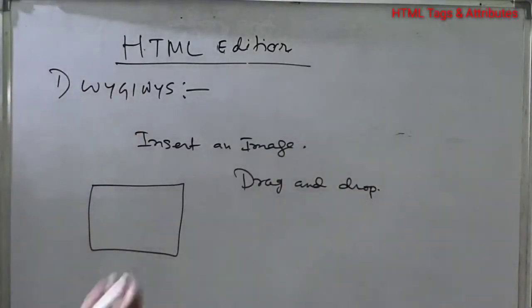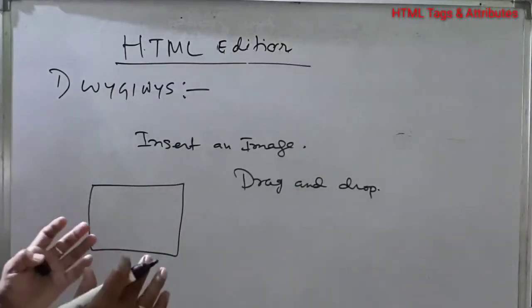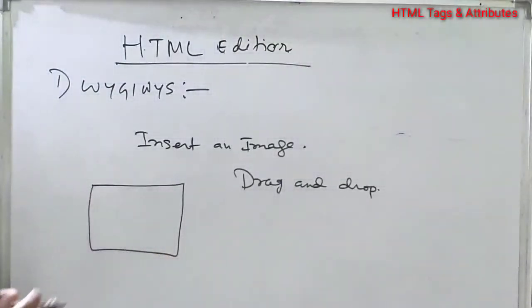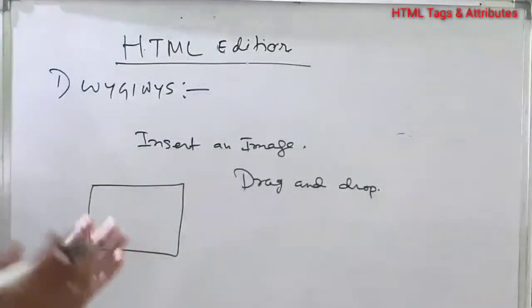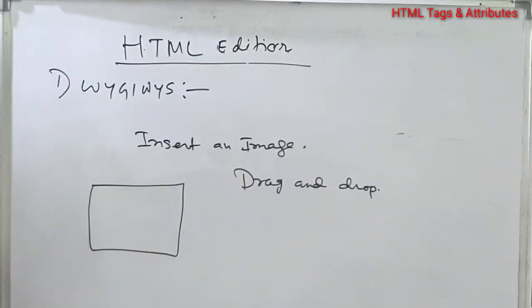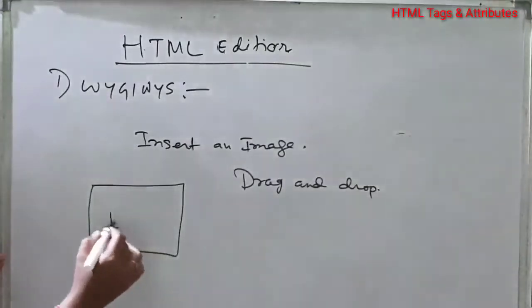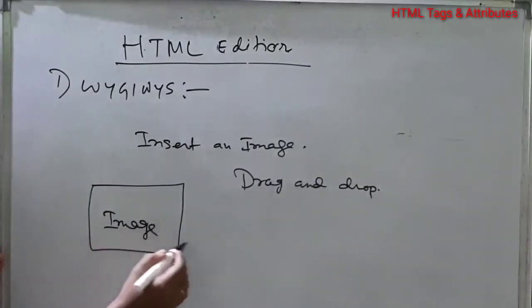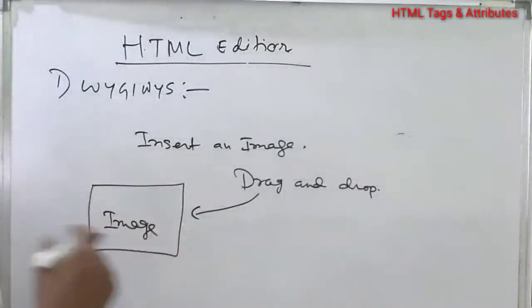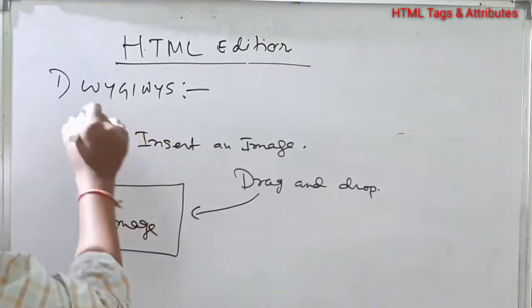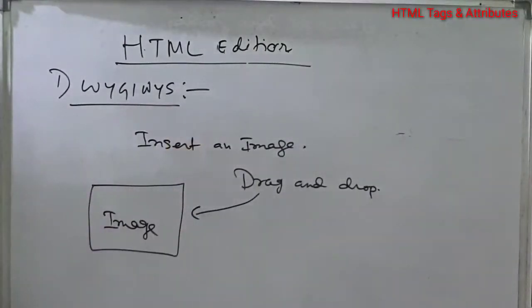So drag means what? There are menus, where in menus you will get image, buttons, text box, radio button, checkbox. These are available. So if you want an image here, then what happen? You just drag it and drop into the editor window, means in the WYSIWYG editor window. So this is called drag and drop.